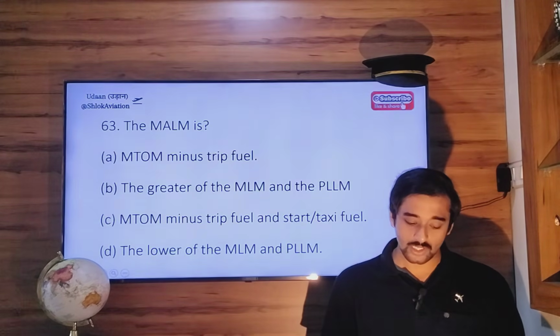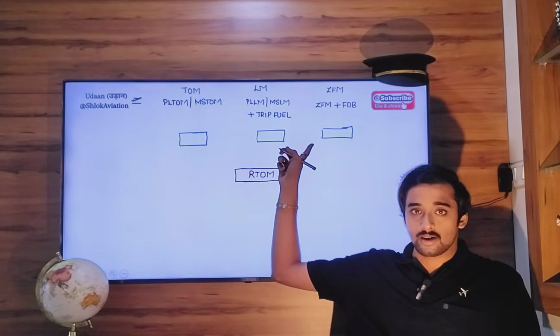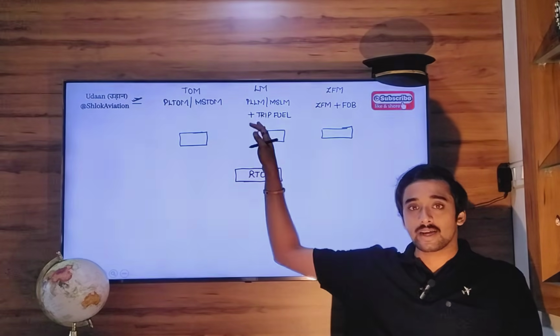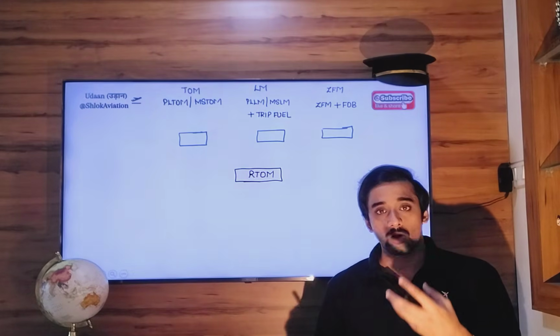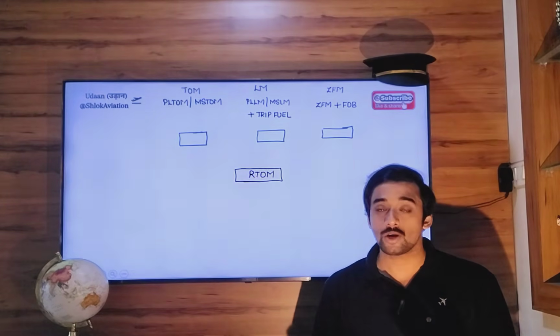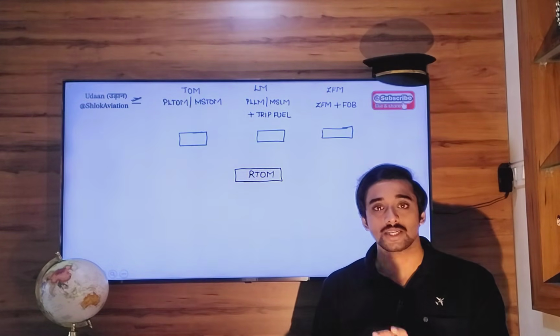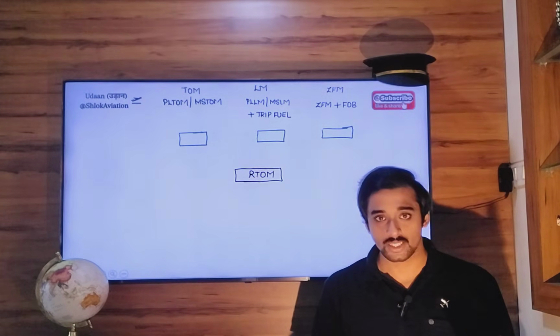Regulated takeoff mass means what? Means that takeoff mass which is the least of all takeoff values obtained from takeoff, landing consideration, zero fuel mass consideration. So you are going to check that the takeoff mass with which you are going to take off satisfies the departure place conditions, cruise conditions, landing conditions, zero fuel mass conditions as well.